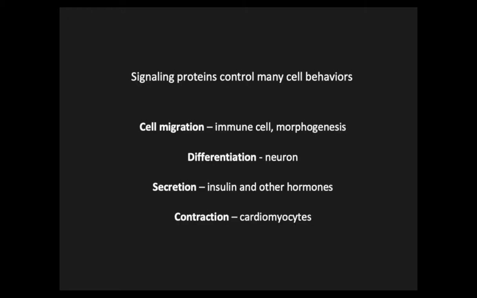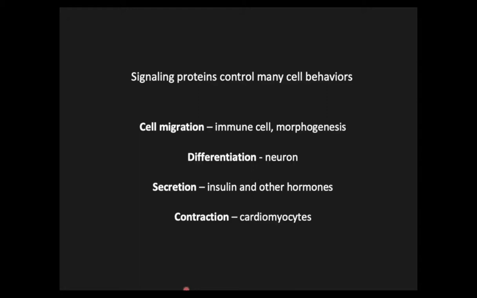Our lab uses optogenetic methods to spatially confine critical and molecular control in selected regions of a single cell. Dynamic networks of interacting signaling proteins govern cellular behavior in processes like cell migration, differentiation, secretion, and contraction.